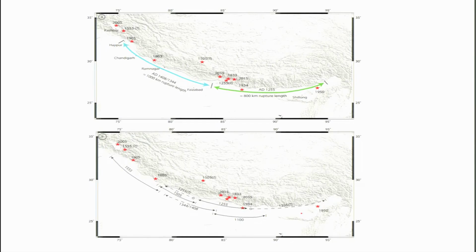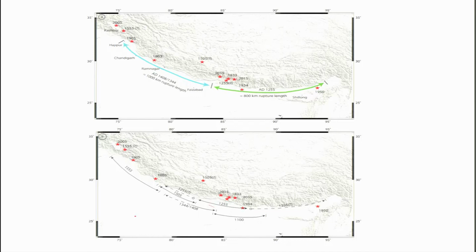There is a big question, because the ages which were found along this range in trenches during the geological investigations probably suggest that this whole area was ruptured in the 1255 AD earthquake.